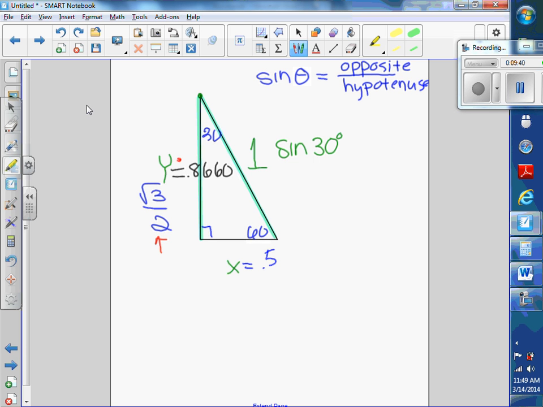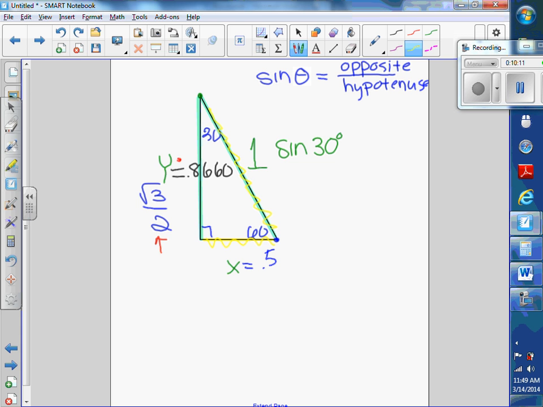So the leftover side is the one called the opposite. In reference to 30, the yellow side is the opposite side. But when you change your point of reference to 60, the adjacent side is here, and the hypotenuse is always the hypotenuse, but now the opposite is over there. And you know that the smallest angle is opposite the smallest side.